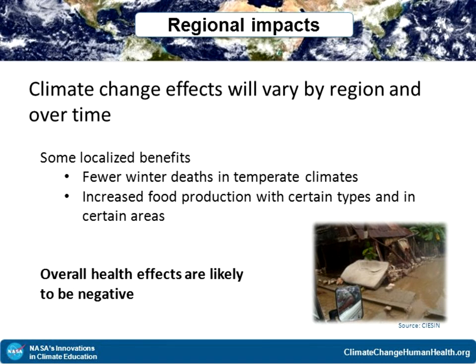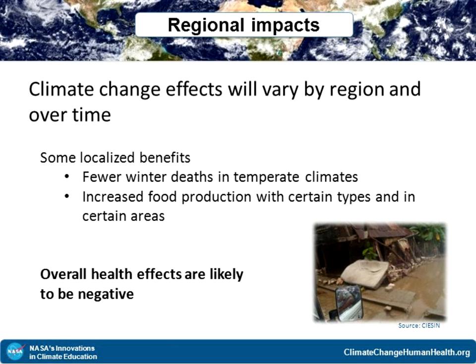When we take a look at some of the impacts of climate change on human health, we're seeing that climate change varies by region as well as over time. It's not going to hit every area the same, and it's not going to hit every region in the same manner either. So we need to understand these differences, as well as where they take place. There are some localized benefits that we'll see, such as fewer deaths within the wintertime, and also an increase in food production within certain areas, such as bananas.